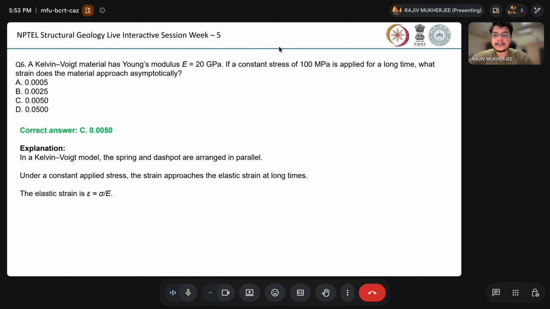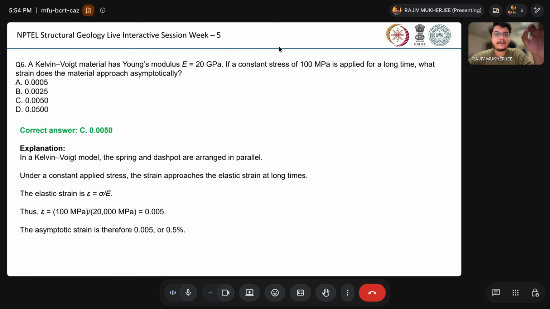And the elastic strain is simply the ratio between the stress and the Young's modulus. So we take the ratio, 100 MPa divided by 20,000 MPa, which is 0.005. That means the asymptotic strain is 0.5%.